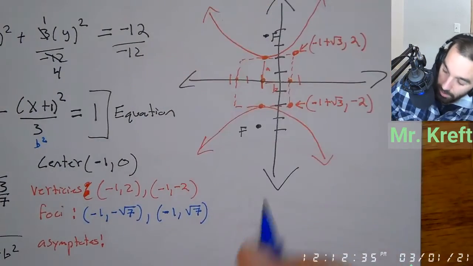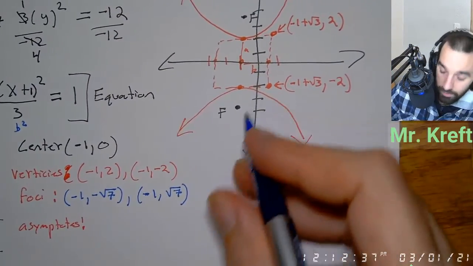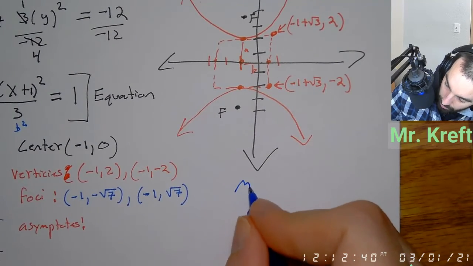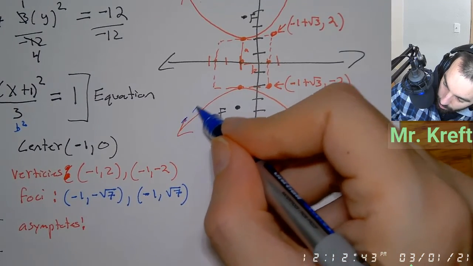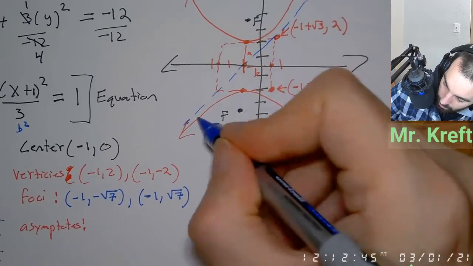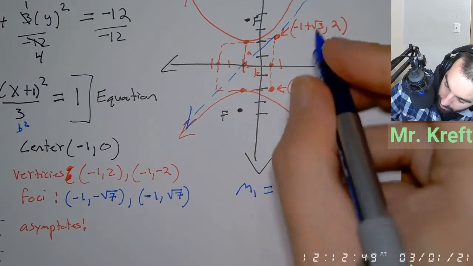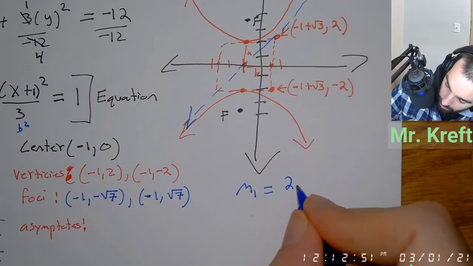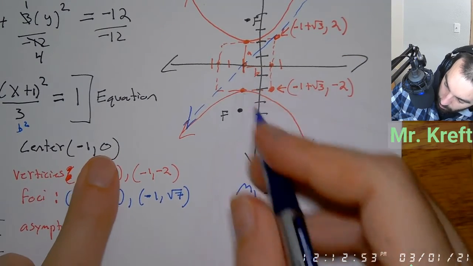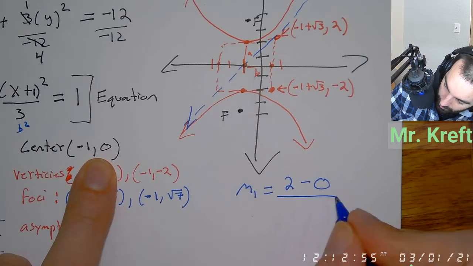So, oops, I'm a little over, guys. I'm sorry about that. So to do this, remember slope. So I'm going to do this one first. So let's call this line 1. So the slope of my first one is y2 minus y1. y1 is 0.